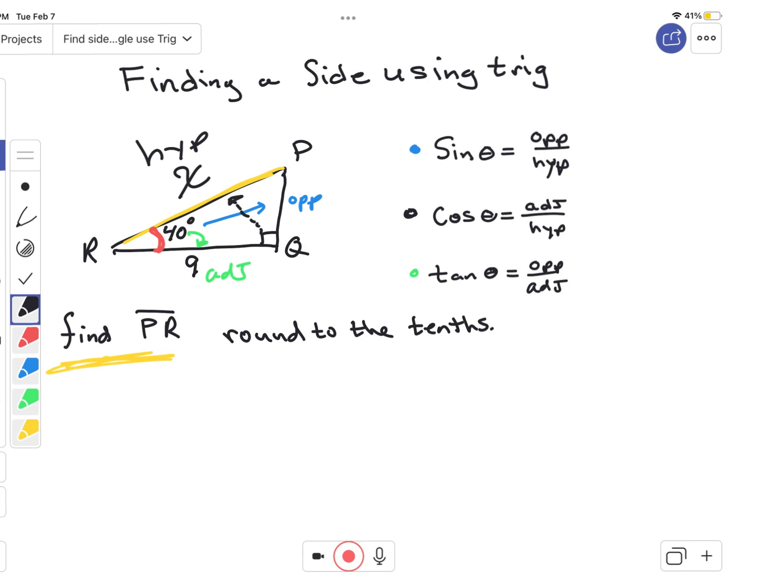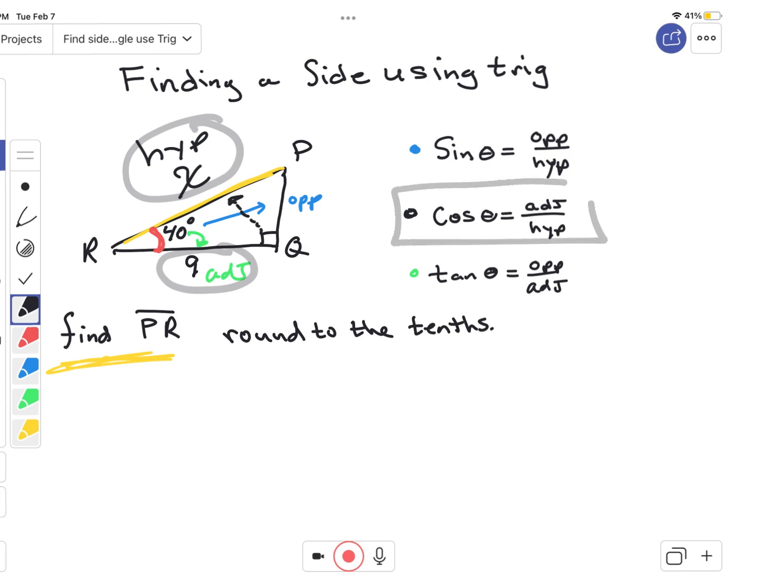So we need to have x, so we need to have the hypotenuse and we need to have 9. So we need hypotenuse and we need to have adjacent. So which of sine, cosine, or tangent has hypotenuse and adjacent?